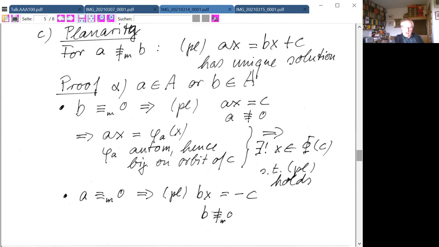Then the planarity condition reduces to ax equals c. But a is not equivalent to 0. So ax, which is φ_a(x), φ_a must be an automorphism, so a bijection on the orbit of c. So there must be exactly one x in the orbit of c such that this planarity condition holds.